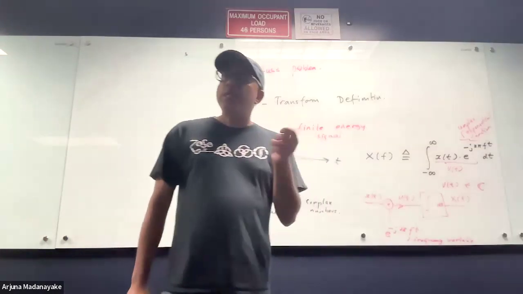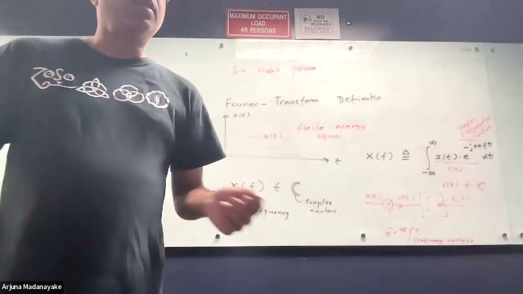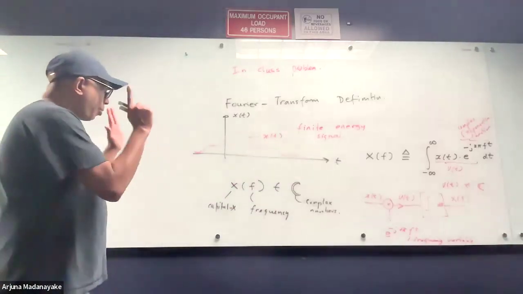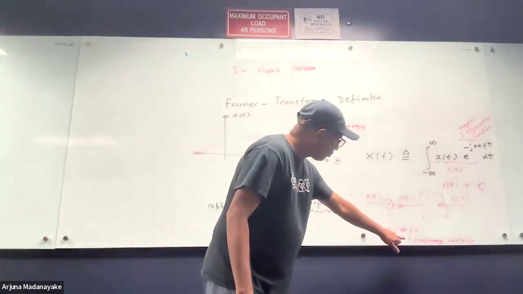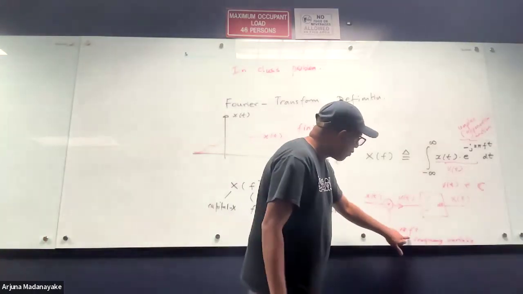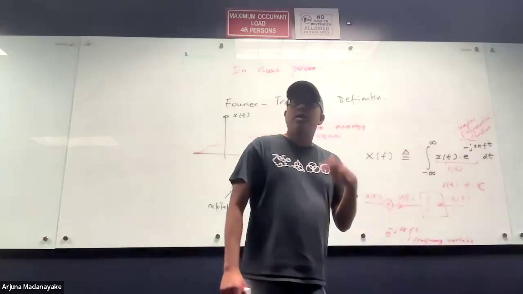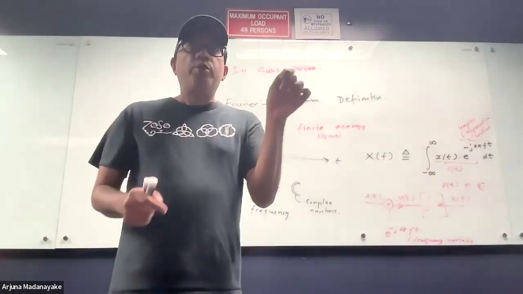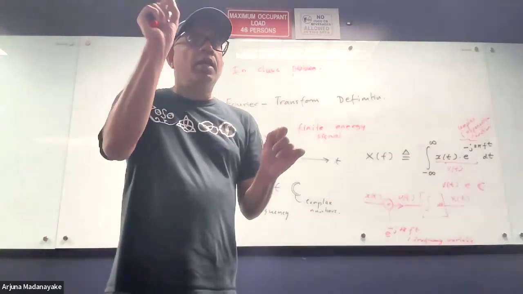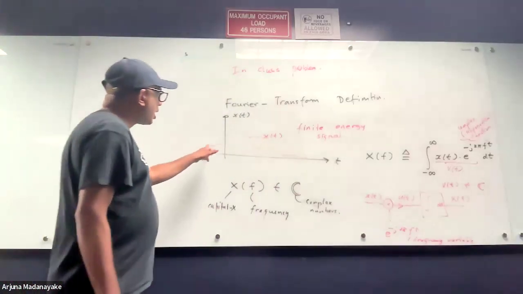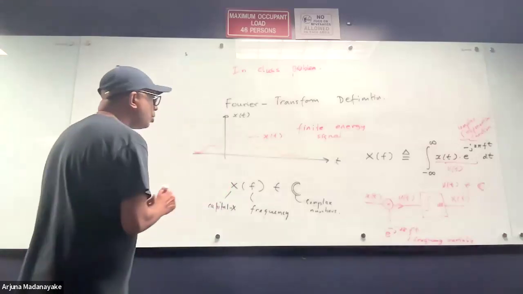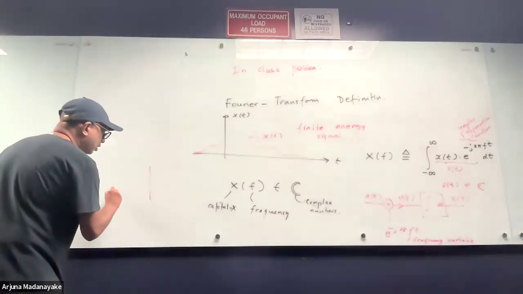We can do this multiplication and integration operation for various values of f. We do it for one value of f, another value of f, another value of f, and every time you change the value, the resulting function value is different. So we can keep changing f, and we can plot the value that's coming out as a function of f.